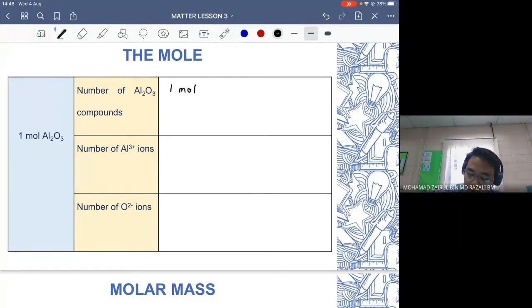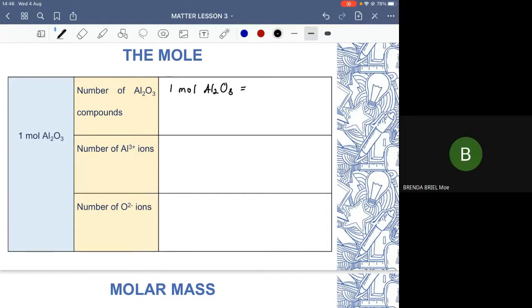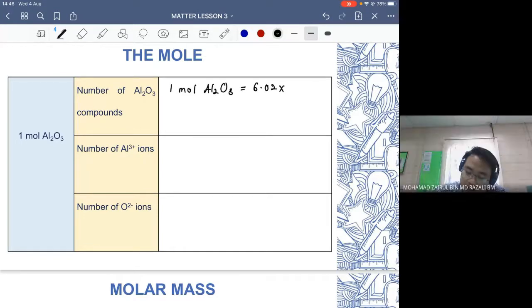So, 1 mole of anything is equals to bersama dengan berapa? One mole of any substance. Dia bersama dengan apa? 6.02 kali 10 kuasa 23. Okay, so correct.